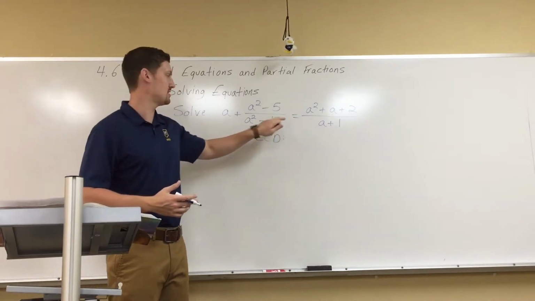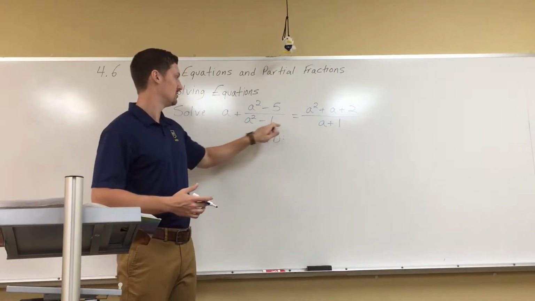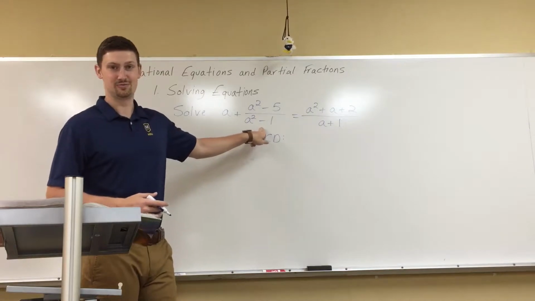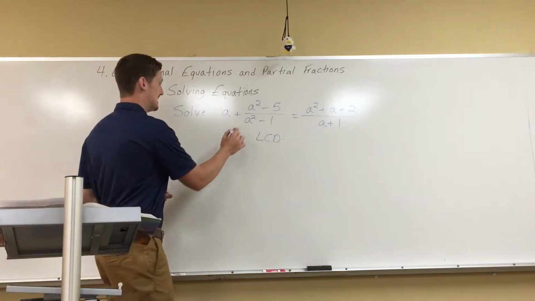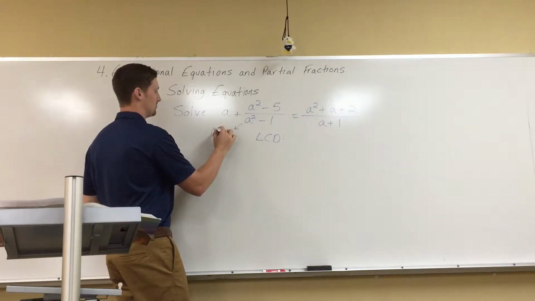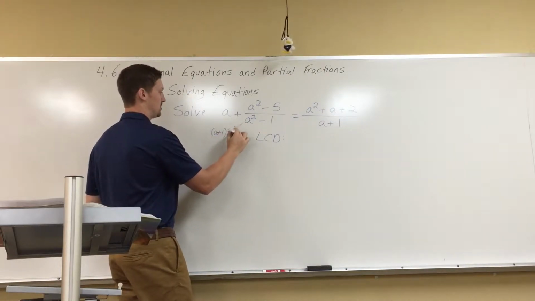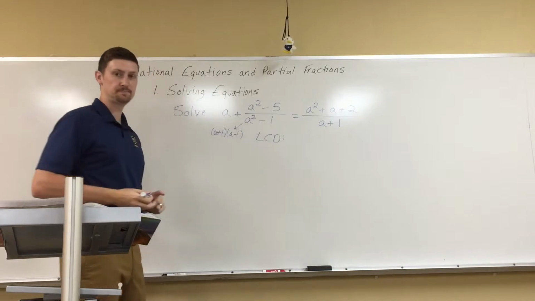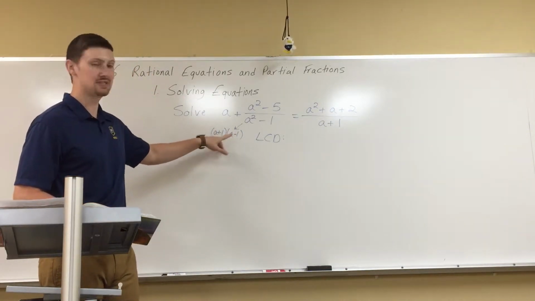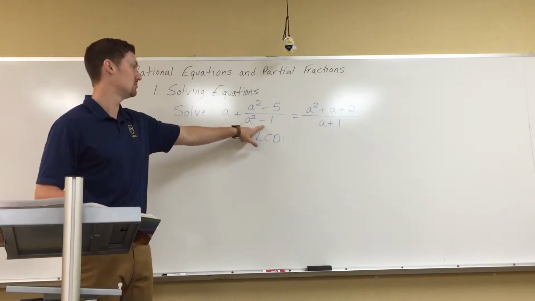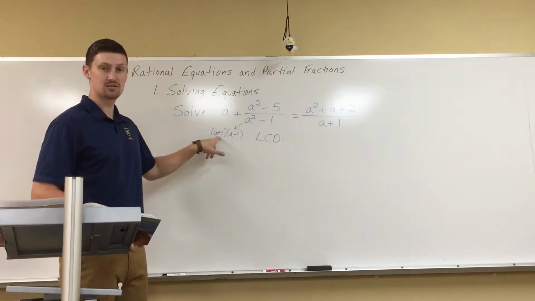Now, what do we notice about these? Well, hopefully now, by the time we're in 12th grade, we recognize this is a difference of squares. In other words, if I were to factor this down, a plus 1, a minus 1, right? FOIL this out, a squared, middle term cancels out, minus 1. So this is the same thing as this.